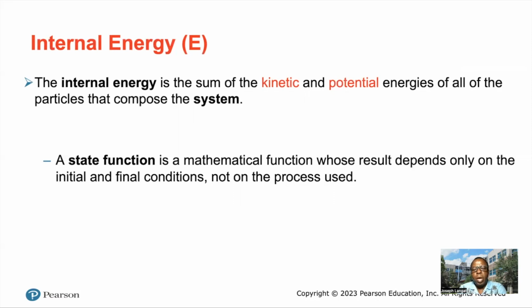There is a new term here you need to understand. E stands for internal energy. I don't know why internal energy does not use I as the symbol, but we use E, which you may think stands for energy. But strictly speaking, in thermodynamics, E stands for the internal energy of the system, which is the sum of kinetic energy and potential energy.